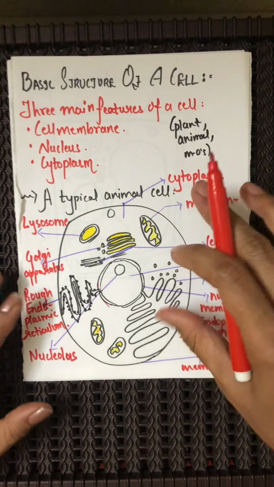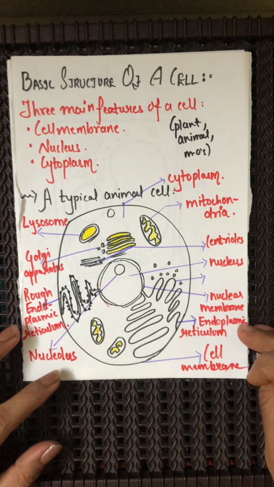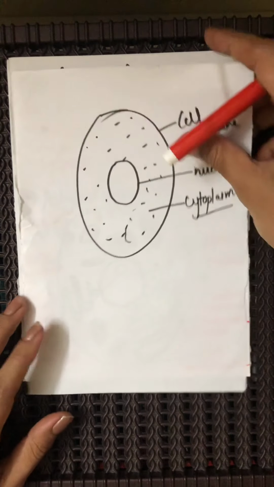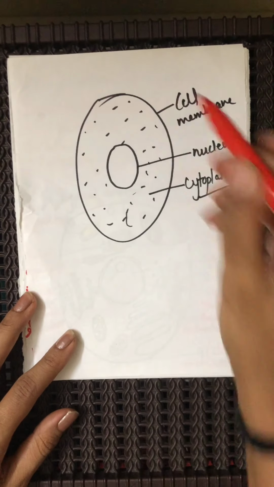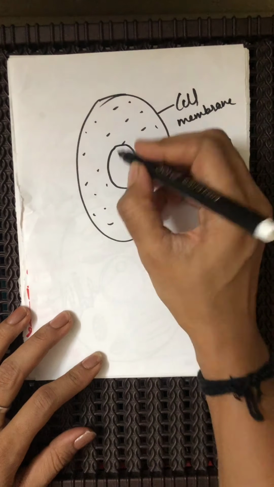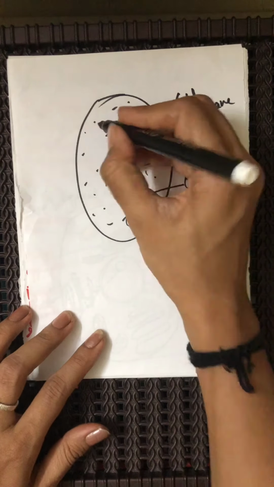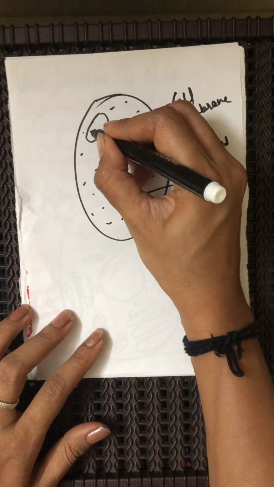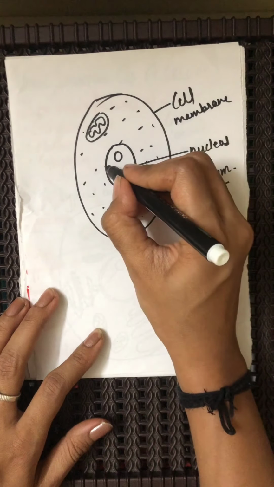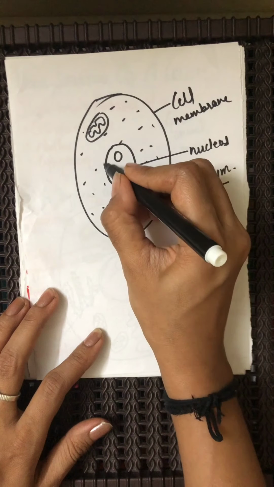So how does a typical animal cell look like? First of all we'll be drawing the three basic things such as the cell membrane, the nucleus and the cytoplasm. Then we shall draw the nucleolus. Then we shall draw the various suborganelles such as the endoplasmic reticulum, the mitochondria.